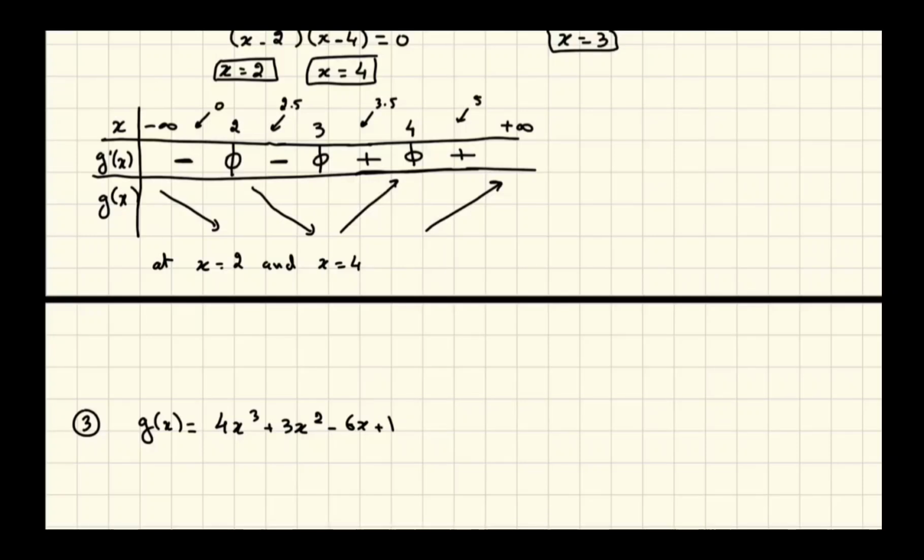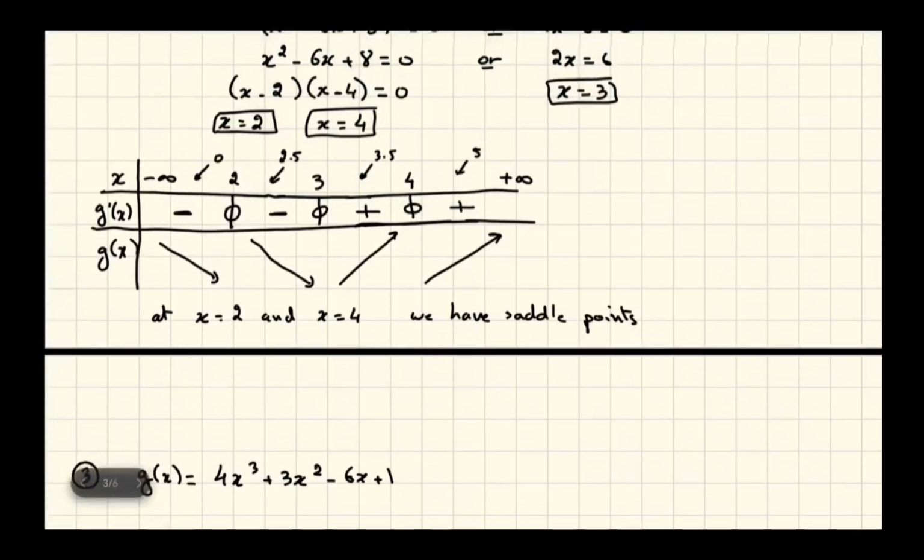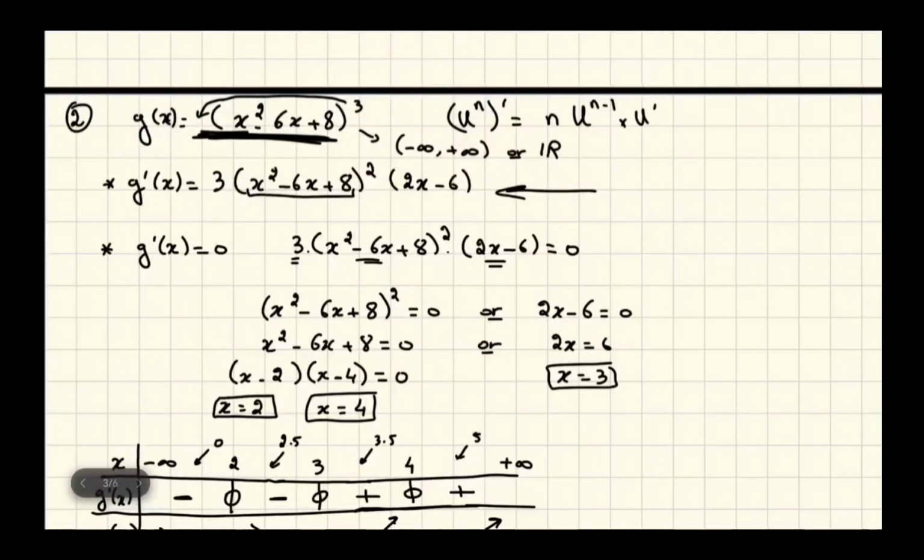So in this case, we say we have saddle points. Now, if you want to find the y value, you can go back to the main function g of x and replace in g of x the x value to get the y value.